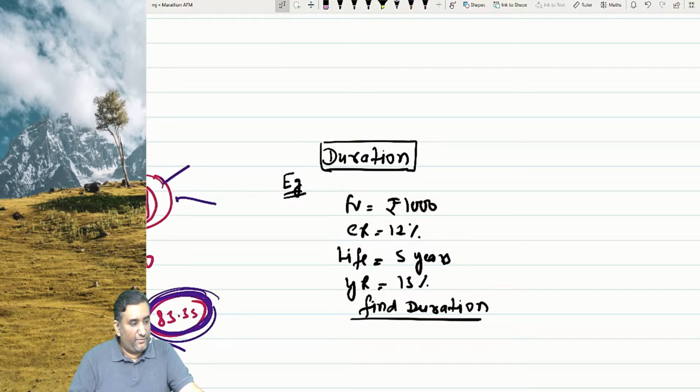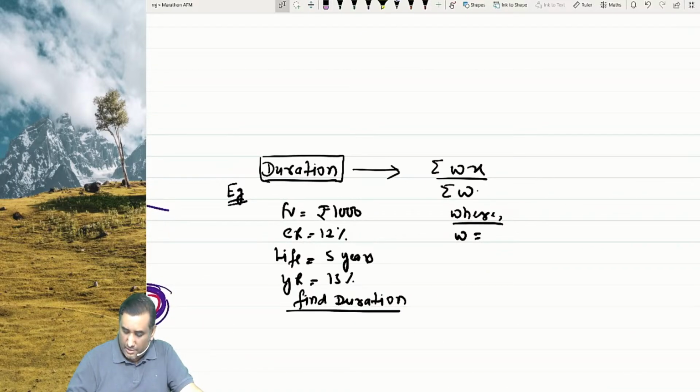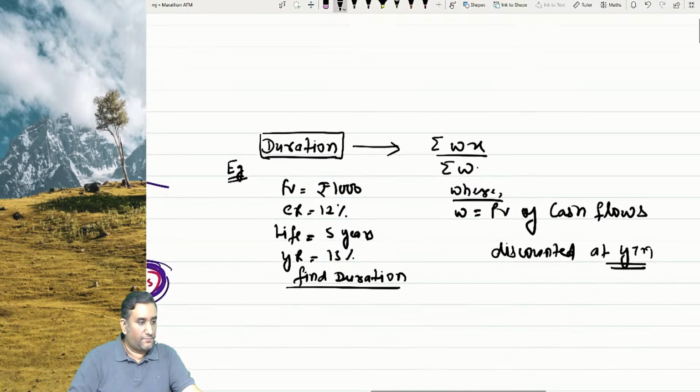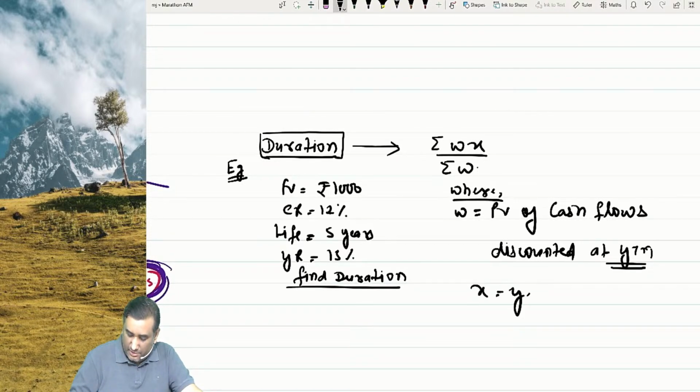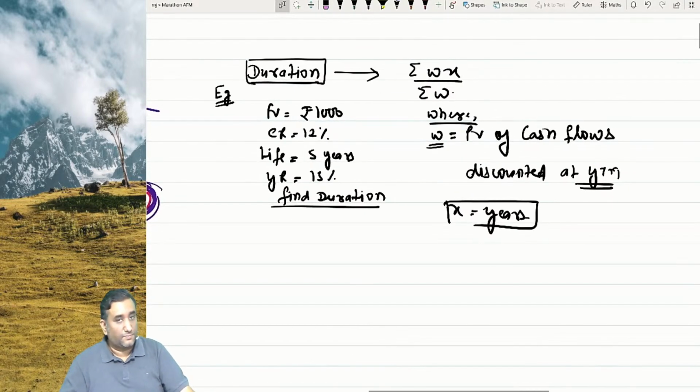Formula is the sum of WX divided by the sum of W. W is nothing but the present value of cash flows discounted at the market rate, which is the intrinsic value. X is the year.